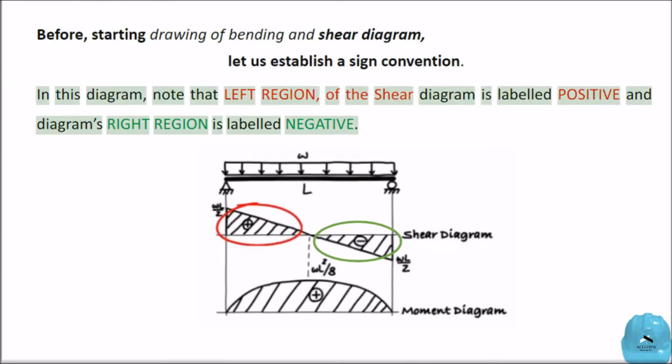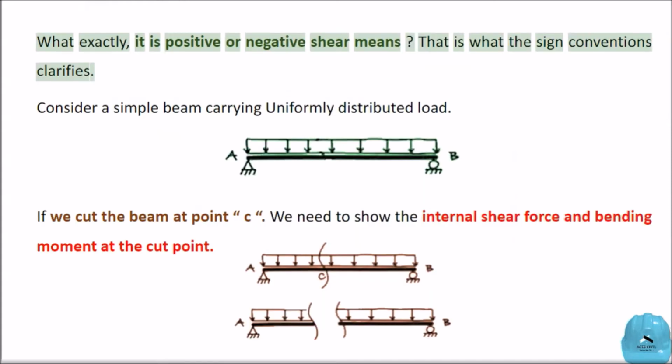In this diagram, note that the left region of the shear diagram is labeled positive and the right region is labeled negative. What exactly positive or negative shear means is what the sign convention clarifies.